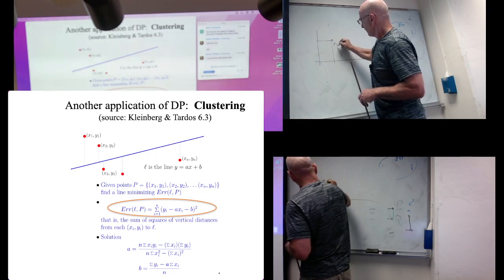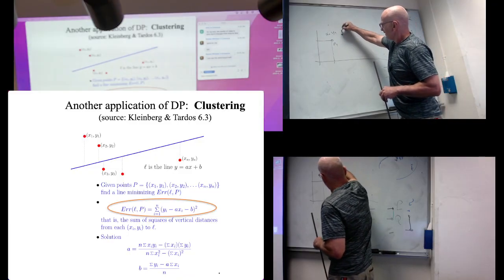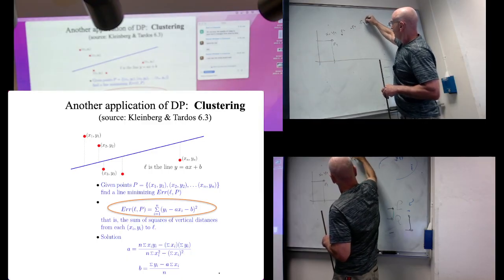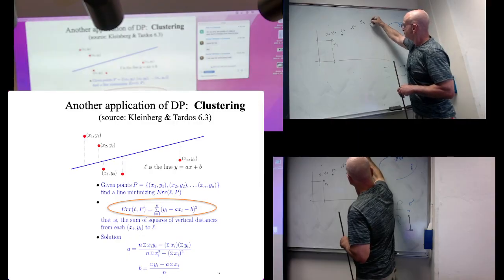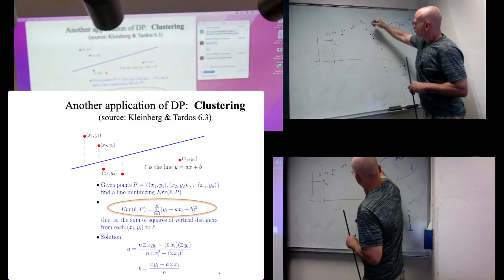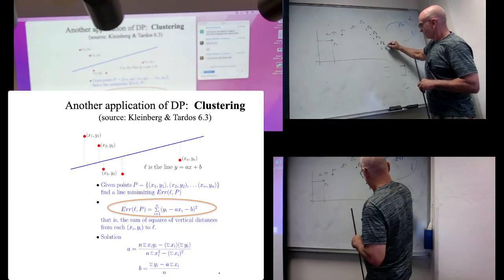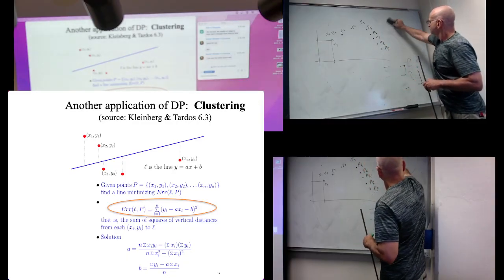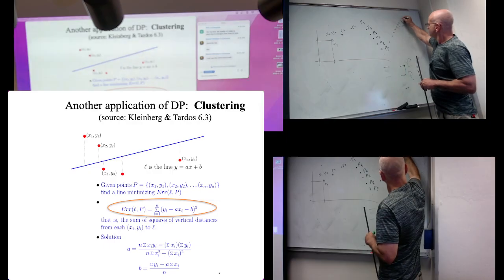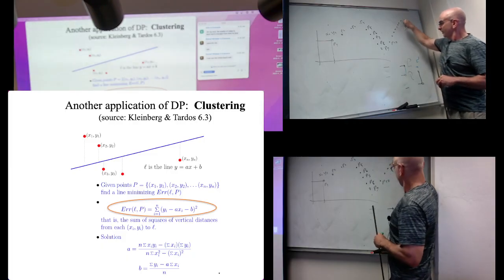Here is P1, that is x1, y1, P2, P3, P4, P5, P6, P7, P8, P9, and this will be P10, and this will be, I think, P17 somewhere, with all these points.